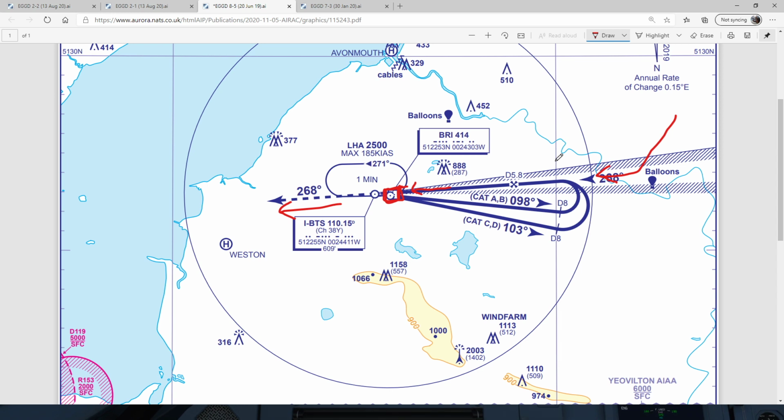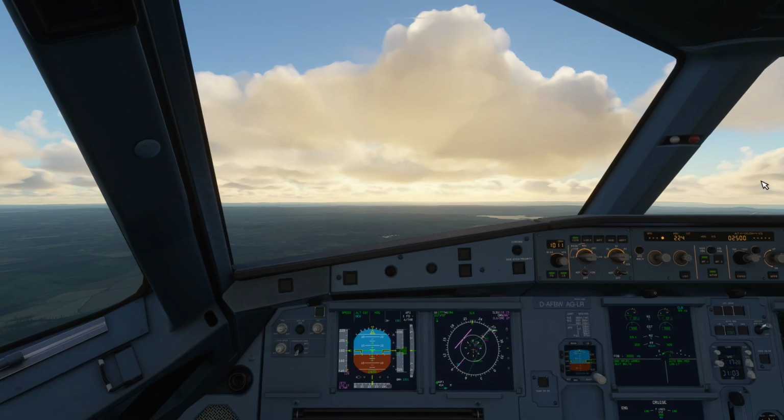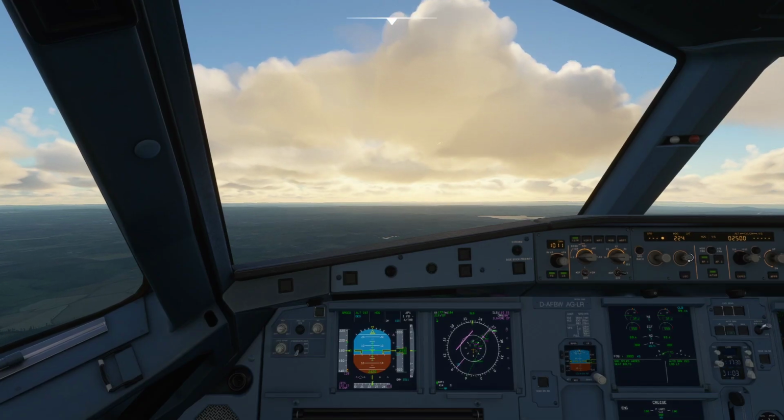So for me, I would write BRI with a little square, and I'd show us doing a little loop back 3,000, and then to the right of that underneath I would basically draw this 103 degrees, 8 DME, and then back round again 2,500 foot to intercept the ILS. So now nothing will trip me up, he says.